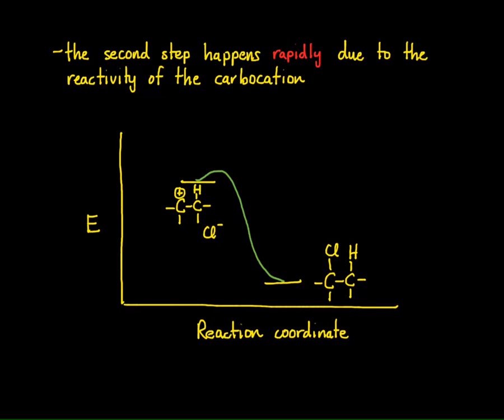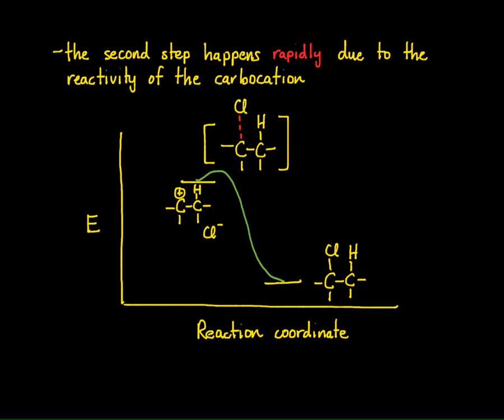And that alkyl halide is much more stable than our intermediate carbocation. Again, we can think about the transition state of that process in which the carbocation carbon is now accepting electrons from the chlorine.